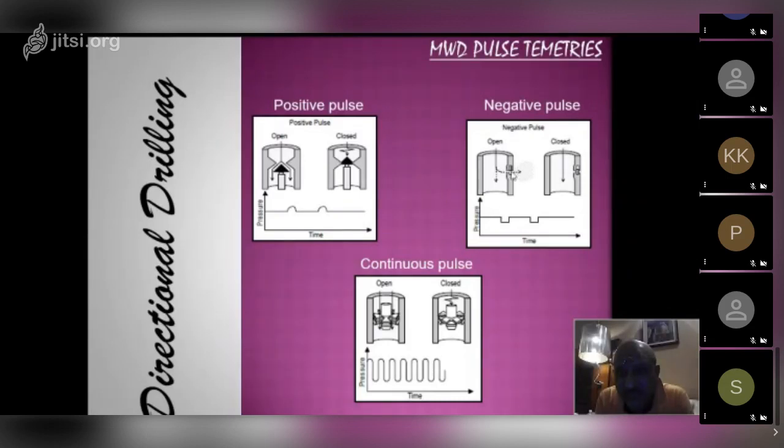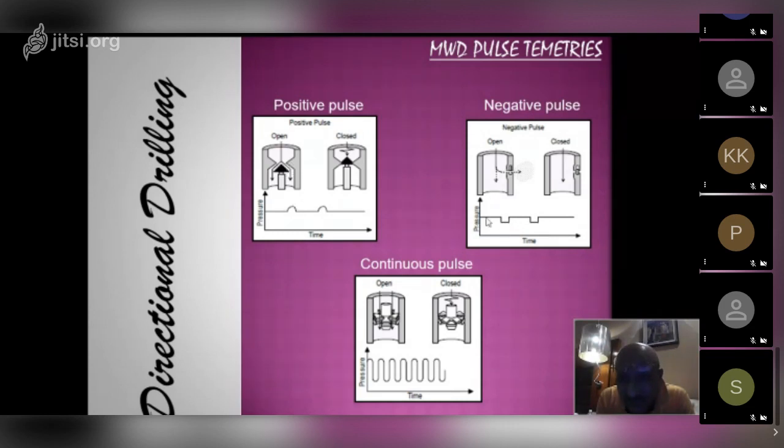When it is open, it goes to 100. So close, open, close, open. Try to understand: when it is open, the mud can pass through easily and there won't be any back pressure, so the pressure does not increase. But here the pressure increases when it shuts.